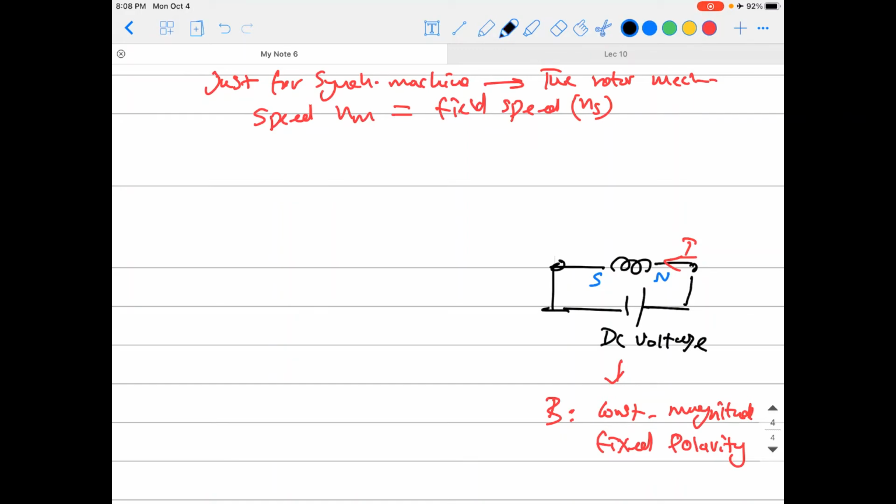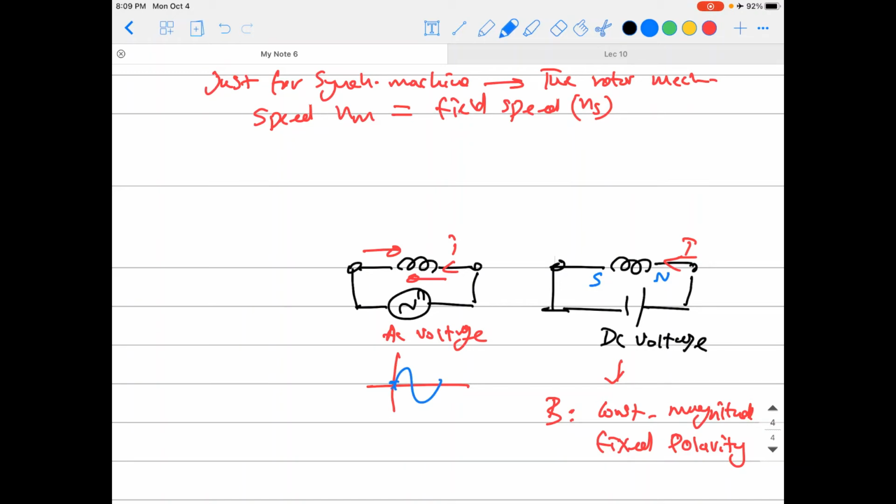Okay, but what happens if you just brought a coil and applied an AC voltage to it like this? Okay guys, so that's now an AC voltage. For AC voltage, the current passing here will be changing polarity. Sometimes it will be going like that, and sometimes like that, because that is an AC. So the current will also be an AC like this.